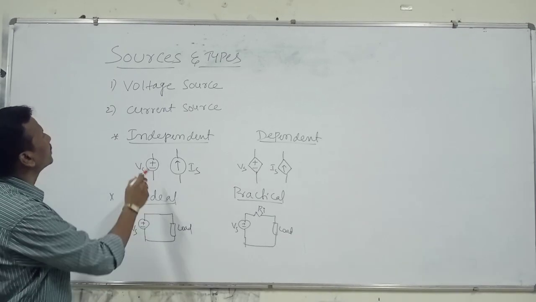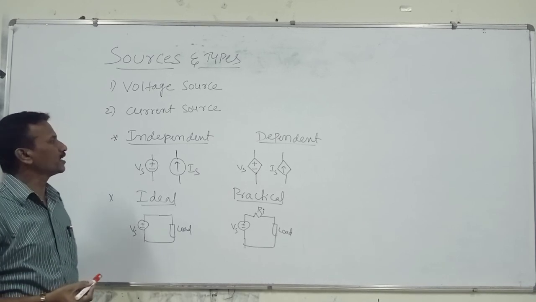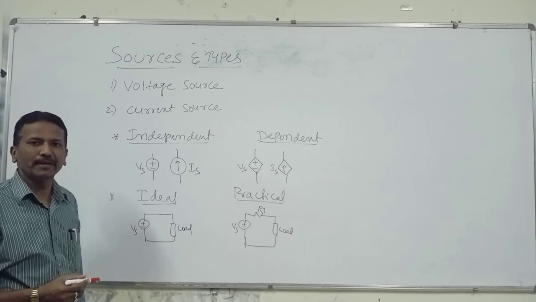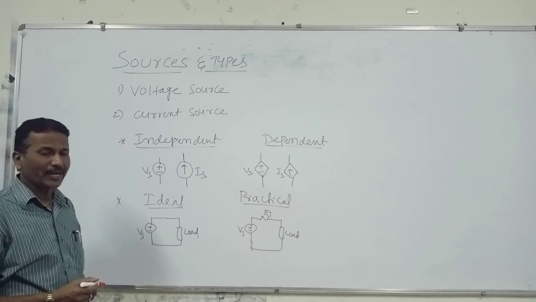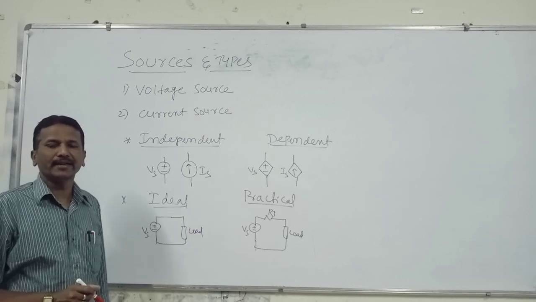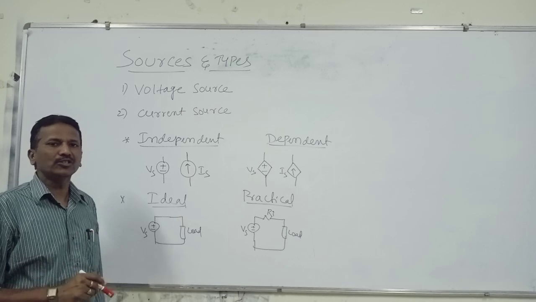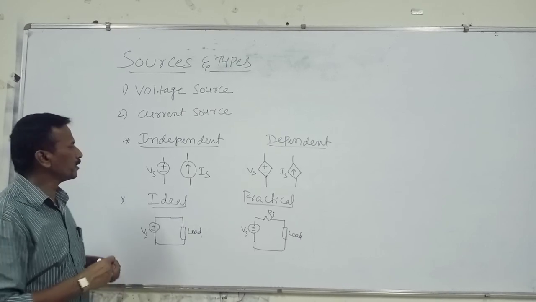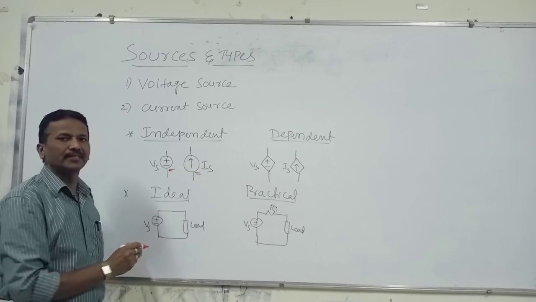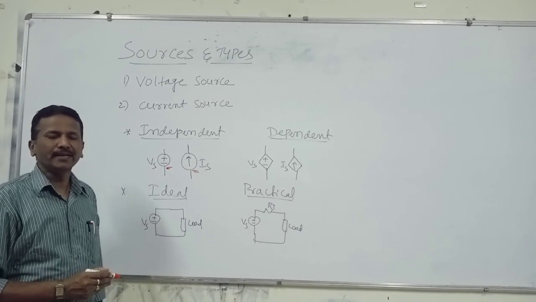When we are discussing the sources, we have types of sources. Those are nothing but independent sources as well as dependent sources. So how to identify the independent and the dependent? Voltage source and current source, with respect to the circle. If the circle is there, then we can say it is an independent source.